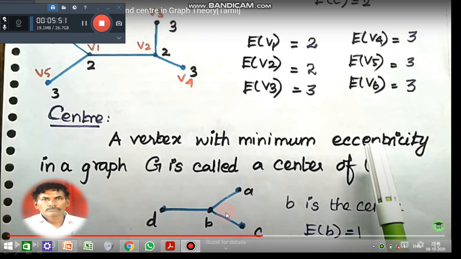But coming to the vertex B, all the other vertices are equally apart from B, 1 unit apart. Therefore the vertex B has the minimum eccentricity among the vertices in this tree. Therefore B is called the center of this tree. So a vertex whose eccentricity is minimum is called the center of that tree.